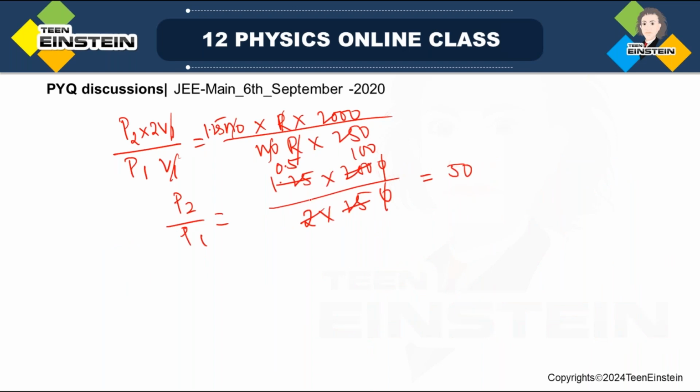I think I should get 5. So 1.25 into 2000, then you have 250 into N0 R T. Okay, fine.